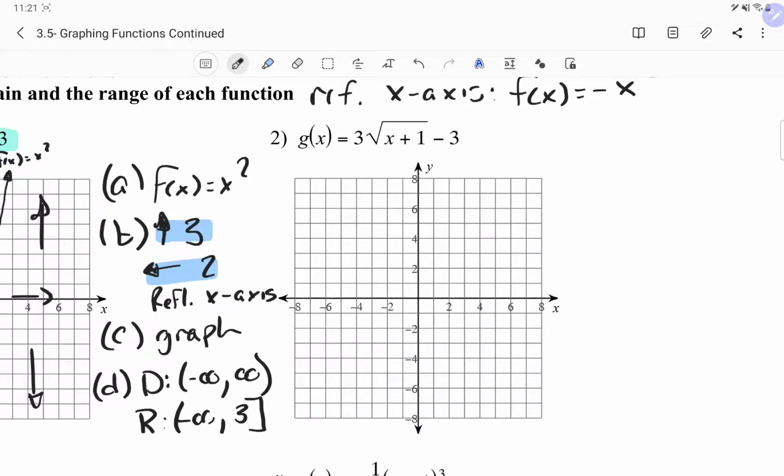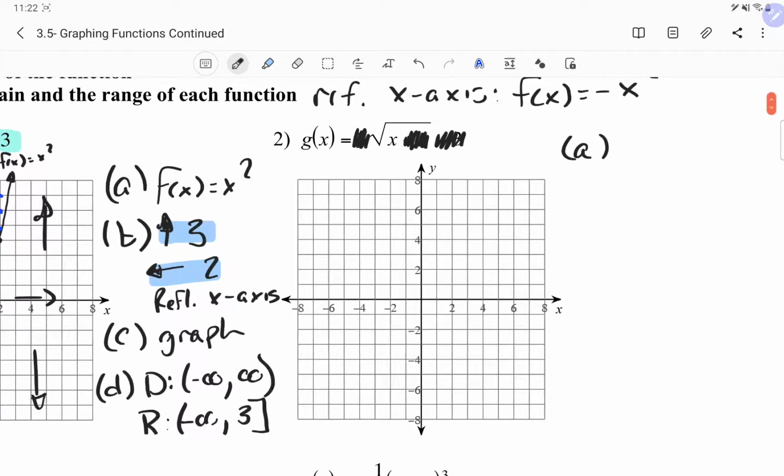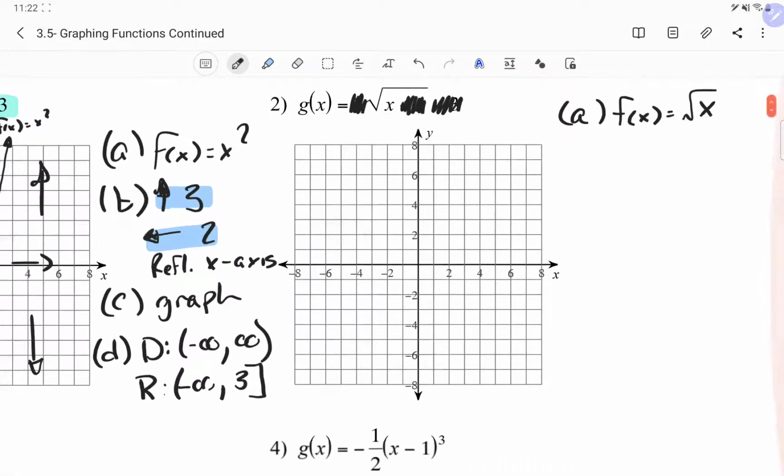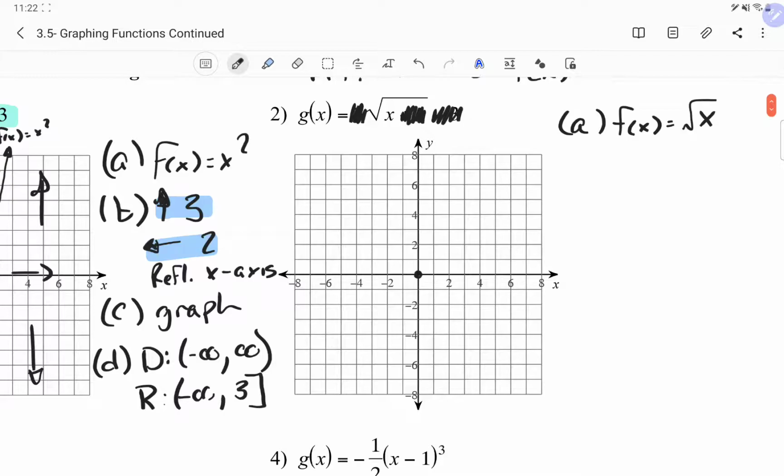All right. So now, again, part A is to identify the original function, or the parent function. So again, I'm going to ask you to take away all of these transformations first. Okay, so eliminate all the transformations, and what we're left with is f of x is equal to the square root of x. So this is a square root function. And remember that the square root function, again, it starts at the origin.